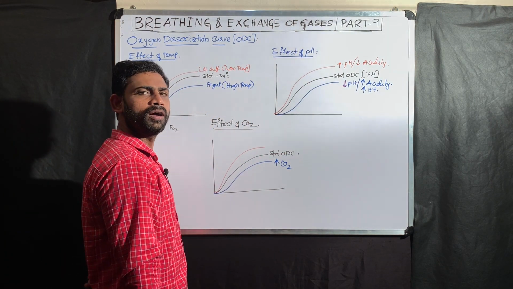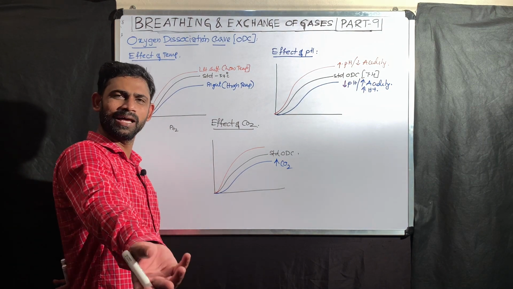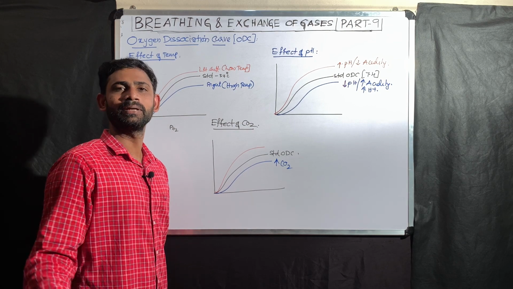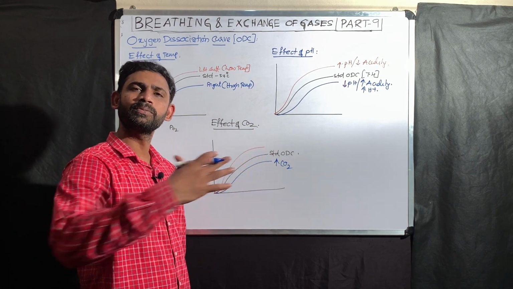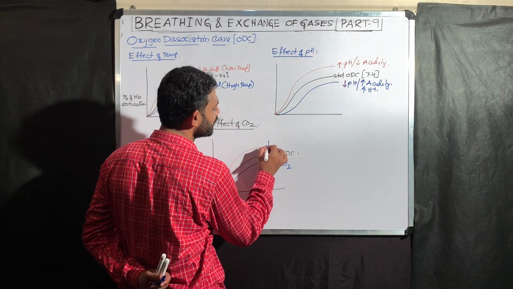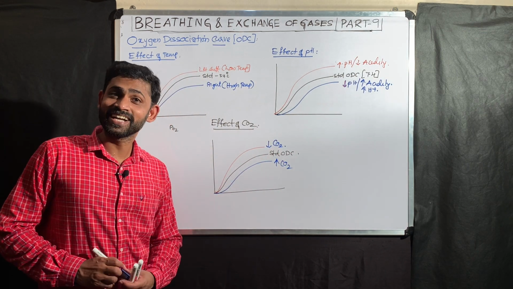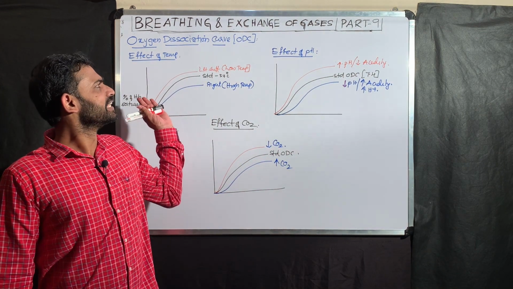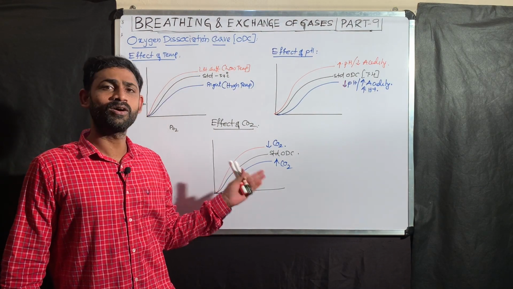Greater the CO2 concentration means greater the cellular respiration, thereby greater the cell's activity, thereby cells require more oxygen, thereby hemoglobin wants to dissociate from the oxygen very easily. Left shift means what? That is less CO2. That is a way of understanding. These are the effects of temperature, pH and carbon dioxide on the standard ODC.